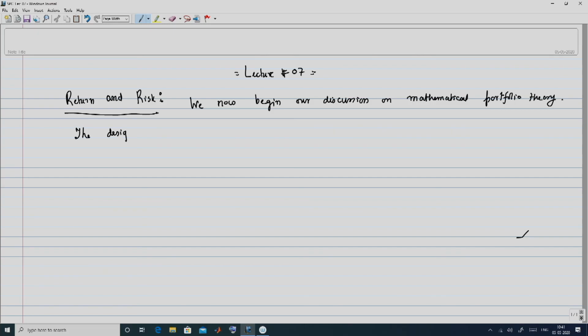I can say that the design of a portfolio, and I will explain later what a portfolio is. On a very informal level, a portfolio is a collection of assets, both risky and risk free.